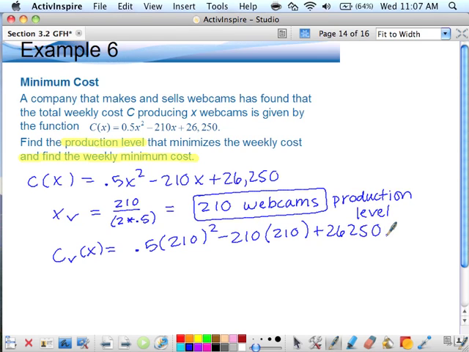Could somebody crunch those numbers for me really quick and tell me what cost that produces? 4,200. What are the units there? Dollars. Okay. So that answers the question of what's the weekly minimum cost.